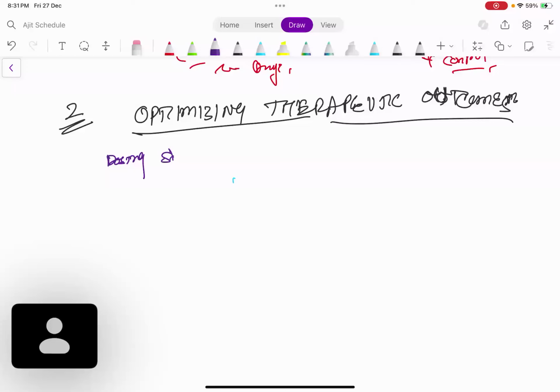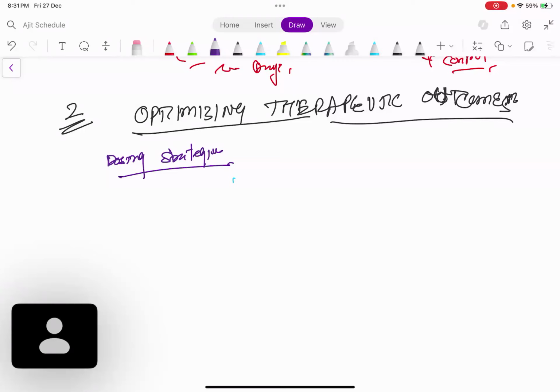Dosing strategies with examples. Suppose I want to study the effectiveness of two dosings of a medication in achieving the target therapeutic outcome. Suppose, standard dose versus low dose aspirin in preventing cardiovascular events in high risk patients.